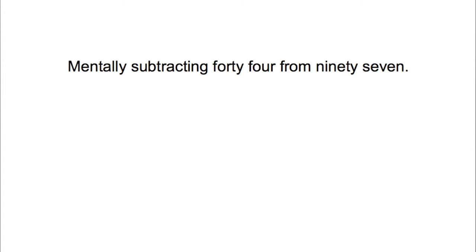Now, what I want to do is ask you to look at the problem this way, and I want you to visually and in your mind try to take 97 and visually subtract 44 from 97 and see if you can manage to do that with just images in your head.